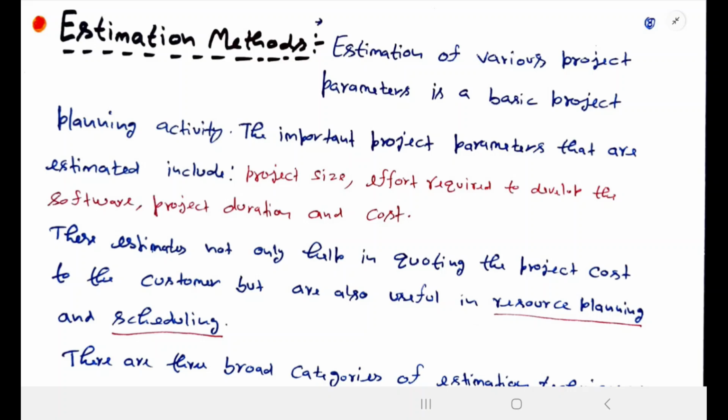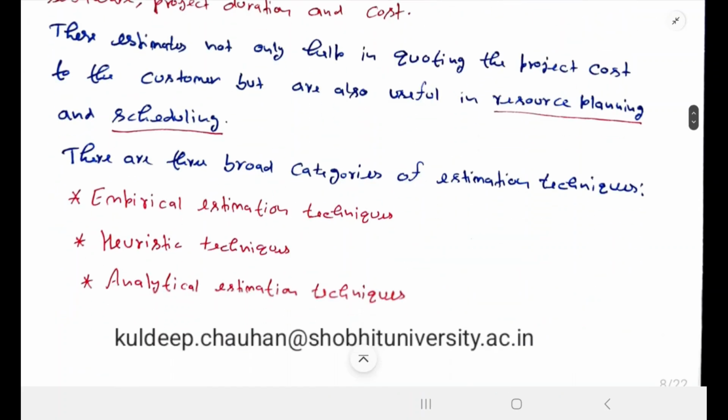These estimates not only help in quoting the project cost to the customer but are also useful in resource planning and scheduling. If we have a good estimate, we have a better idea about our project, then we can manage the things well.